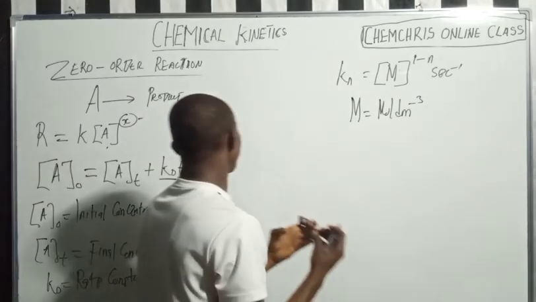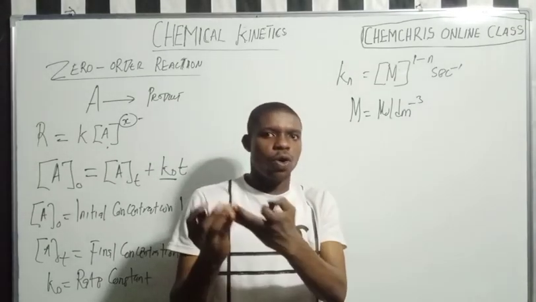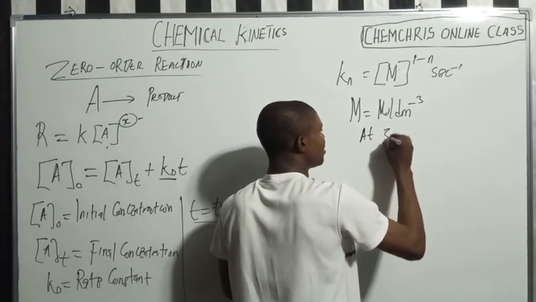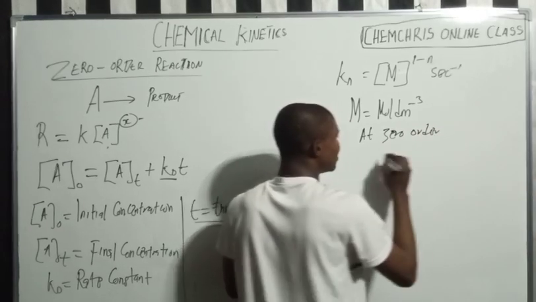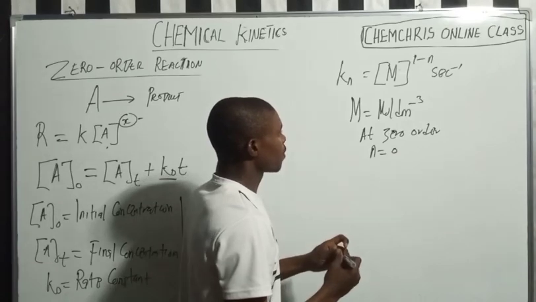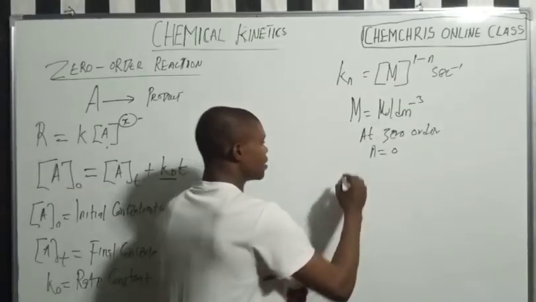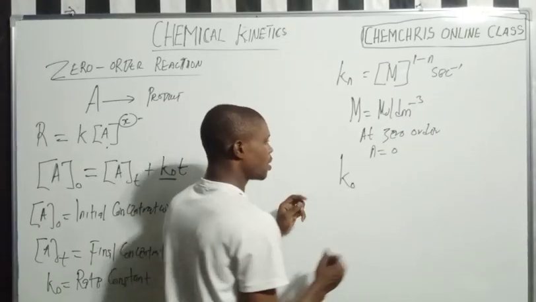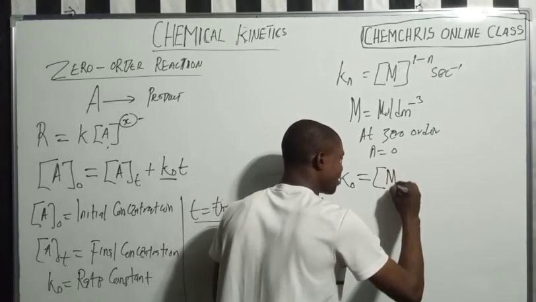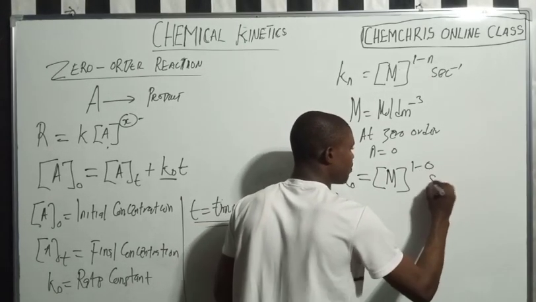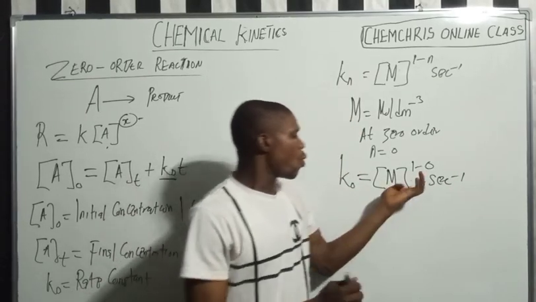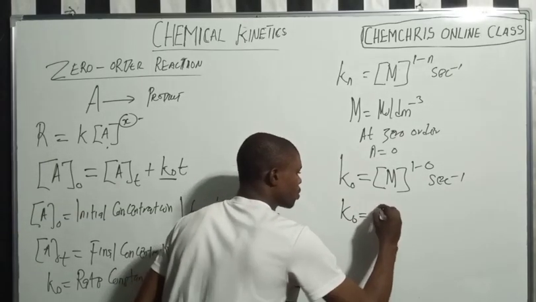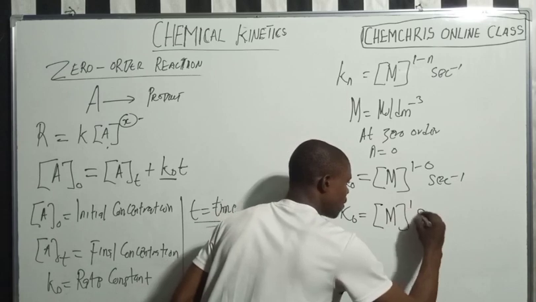If I'm talking about zero order reaction, my n is going to be 0, right? So if I substitute this here, that's going to be K naught, the rate constant for zero order reaction, equals molarity to the power 1 minus 0 per seconds, right? 1 minus 0 is 1. So K naught equals molarity raised to 1 per seconds.